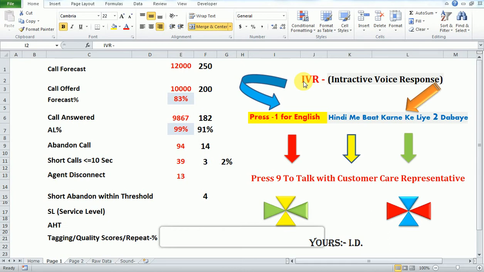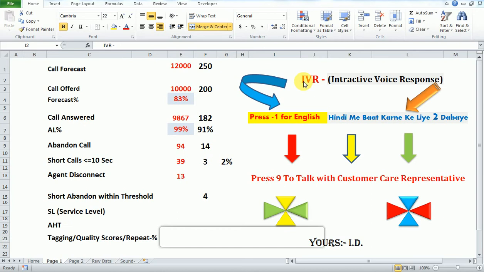So what is IVR? Once you make a call to any call center, friends, you know every company has its call center. If you talk about medicines, the Mankind company has its call center, the Samsung company has its call center. Any production company, if you are purchasing Maggie or whatever, has its call center.